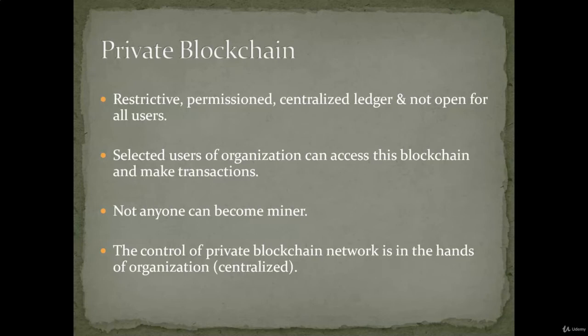The control of the private blockchain network is in the hands of the organization that implements it. Hence, it is not decentralized anymore because it is controlled by a central authority, the organization.